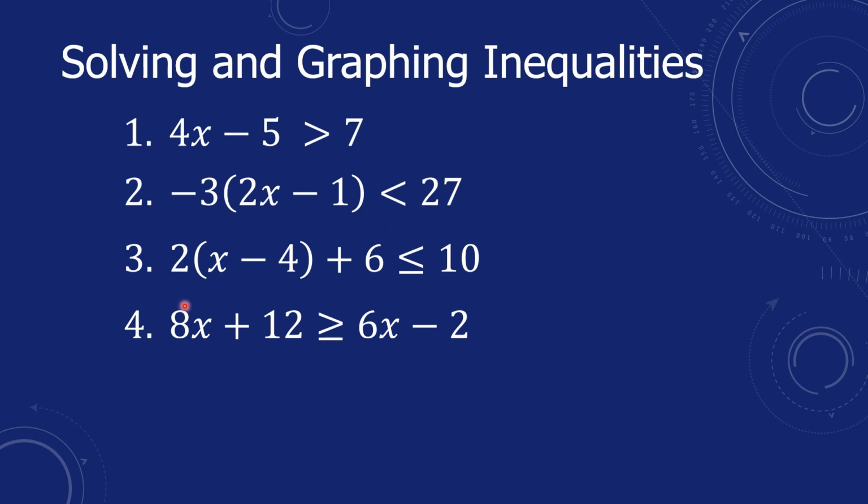Number 3, 2 times the quantity x minus 4 plus 6 is less than or equal to 10. And number 4, 8x plus 12 is greater than or equal to 6x minus 2.